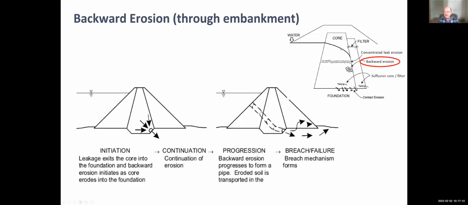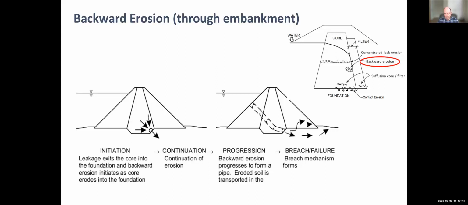And in this particular case here, we have a very simple schematic of a dam that has a lower permeability core material, maybe a granular filter, but you can have the water that's flowing through this embankment and through this dam and through the core start to gather up small particles of soil and carry it into the filter, then flush it right out of the dam. And so these pipes will start and they can grow up through your core and then maybe through the shell of your dam.